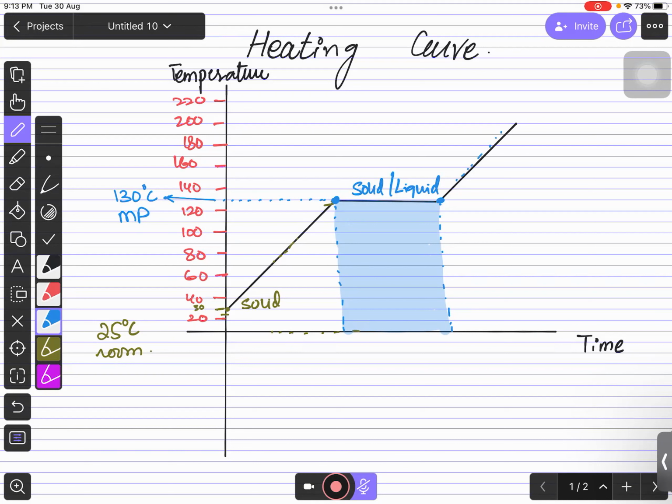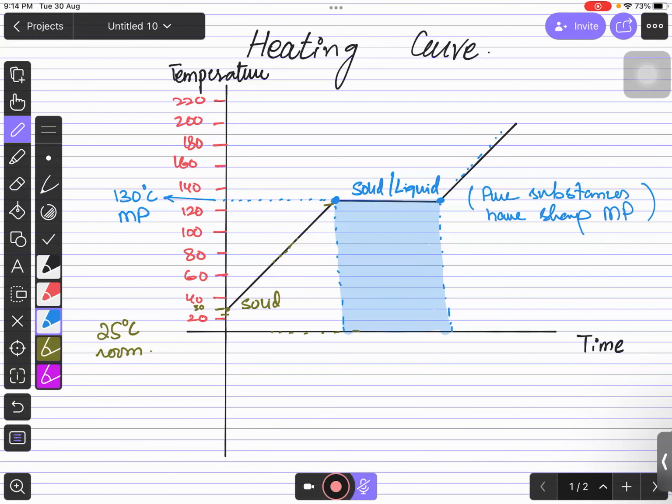So that shows you one very common and very important point: pure substances have a sharp melting point. Remember this point, right? If you want to check whether a substance is pure or not, you can check by melting. If you melt that substance, it is going to melt at a sharp melting point.